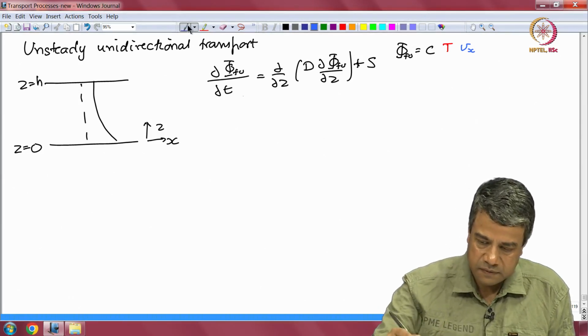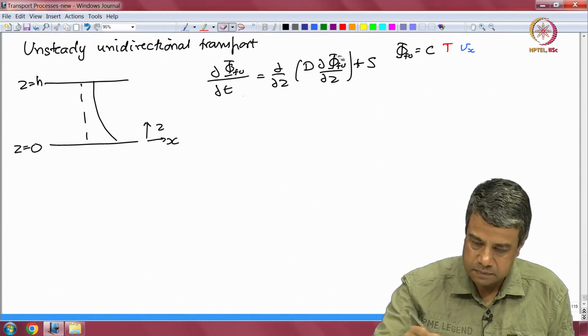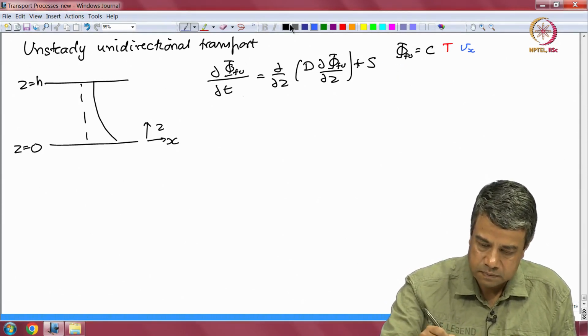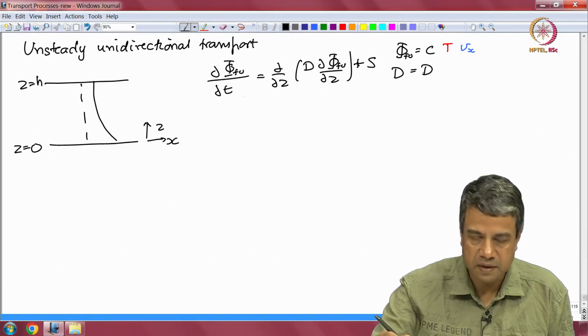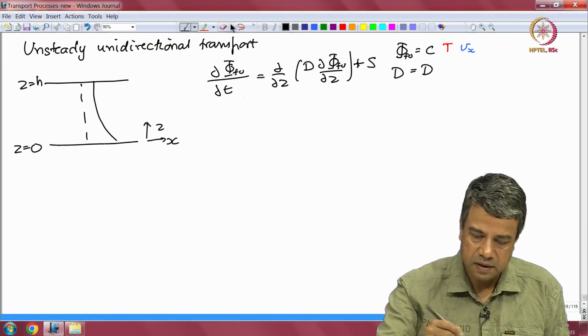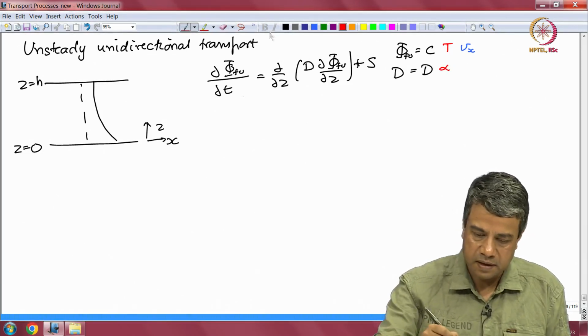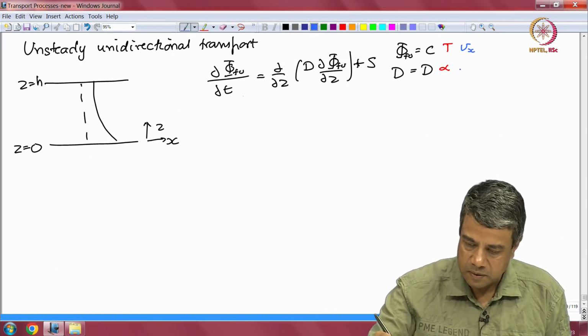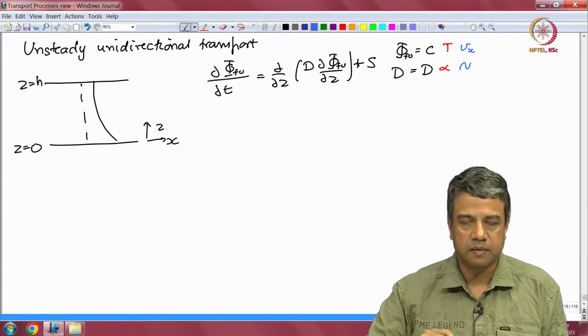The diffusion coefficients are the mass diffusivity for mass transfer, the thermal diffusivity for heat transfer and the momentum diffusivity or the kinematic viscosity for momentum transfer.